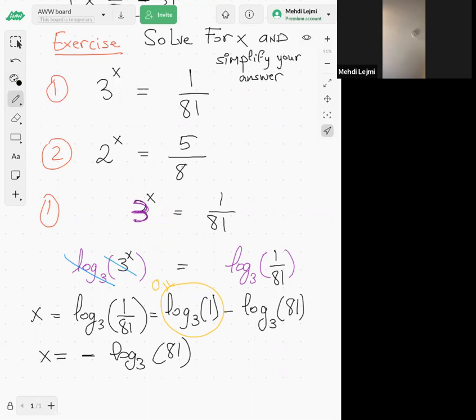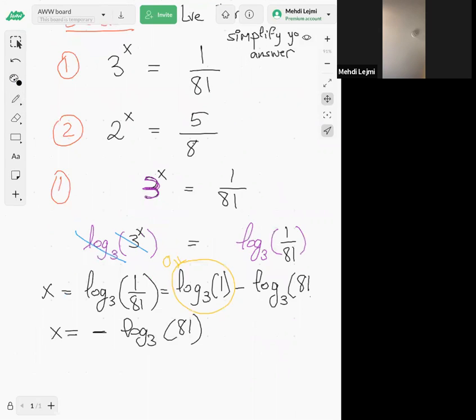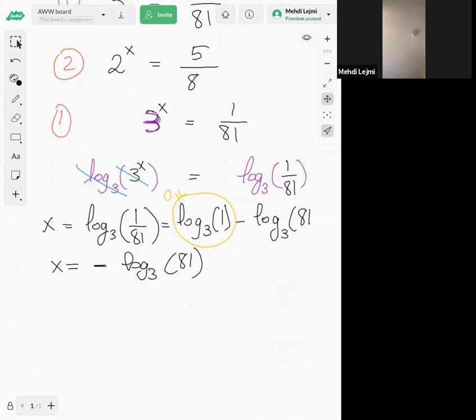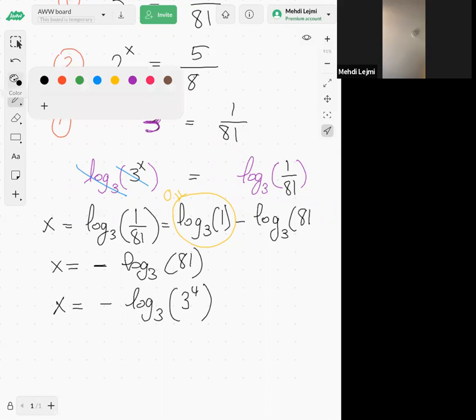Now, 81 can be written as a power of 3, that's 3 to the power 4.